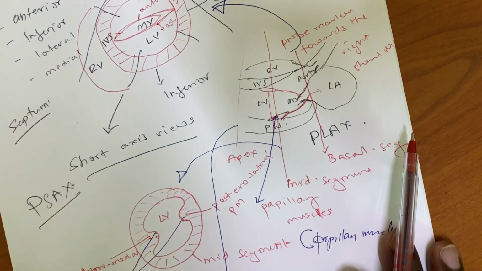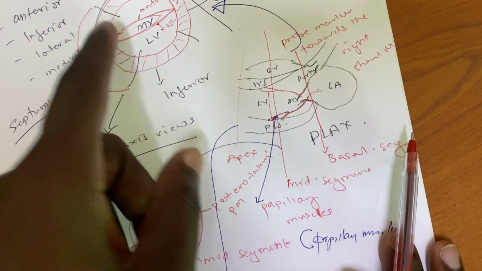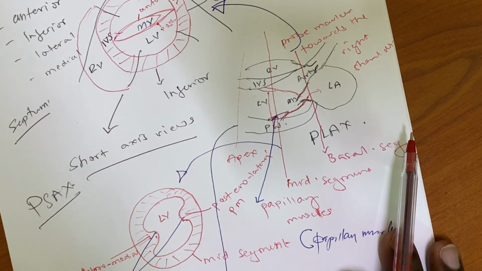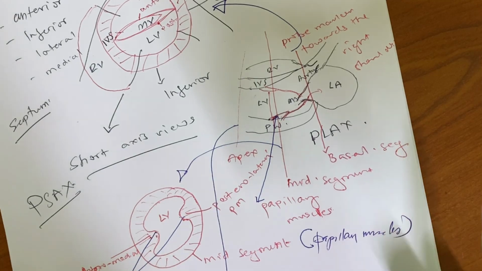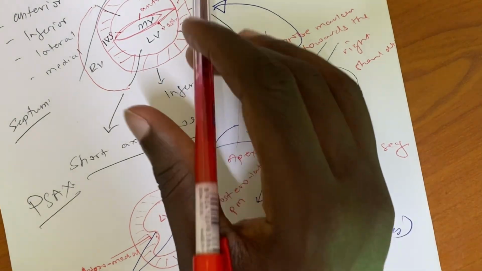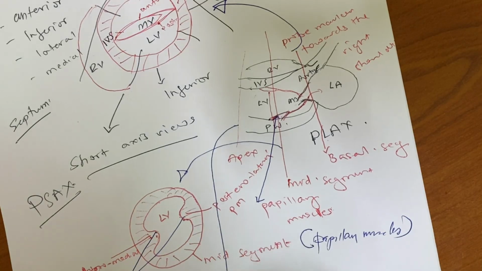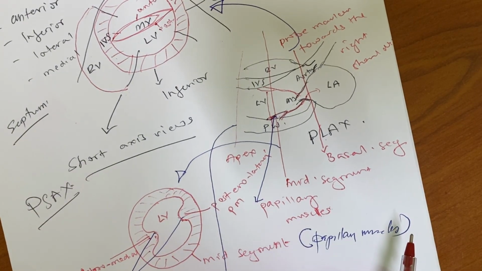It is the boundary between the left ventricle and the right ventricle. So RV is here. The septum we are going to divide depending on base, mid, and apex. If I've cut at the base, at the mitral valve, this one is going to be basal anterior, because anterior continues down from the base to the apex.